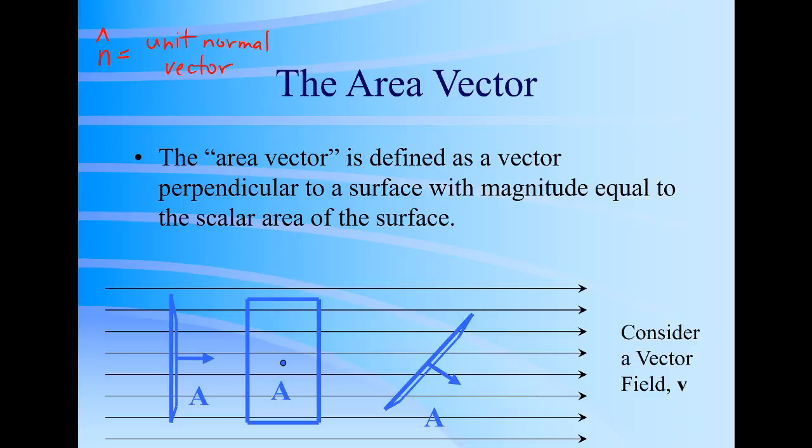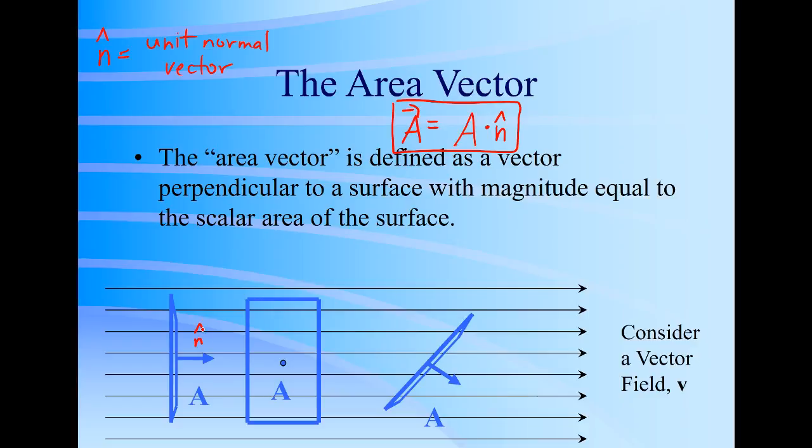That means that the area vector A is defined as the magnitude of A times n hat. Sometimes we just write the magnitude of A as just A, in order to avoid confusion. So this is a definition of the area vector. It is a vector that points in the n hat direction.